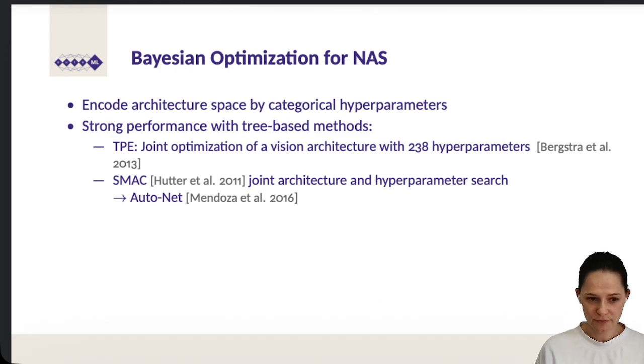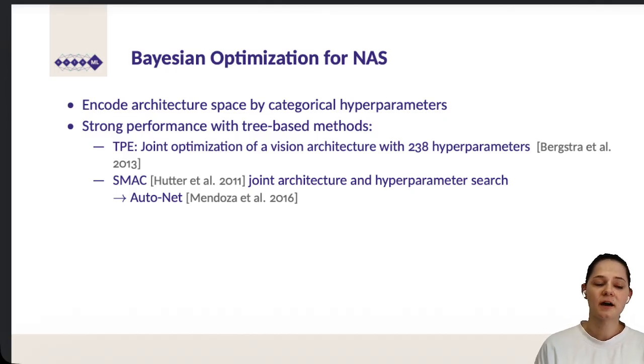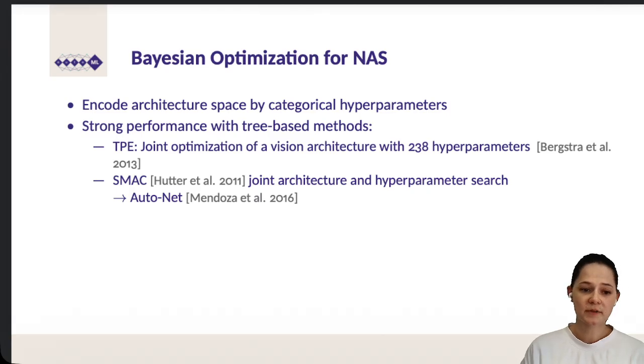already in 2013. In 2013, the TPE paper used a joint optimization of a vision architecture using a combination of hyperparameters and architectural topologies, for example, the number of layers and the number of hidden units, to achieve state-of-the-art results on 3 different tasks: face matching, face identification, as well as object recognition, therefore showing that Bayesian optimization with a tree-based method was already a great success.